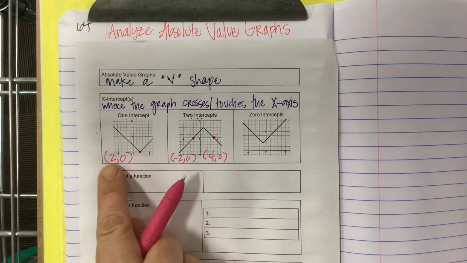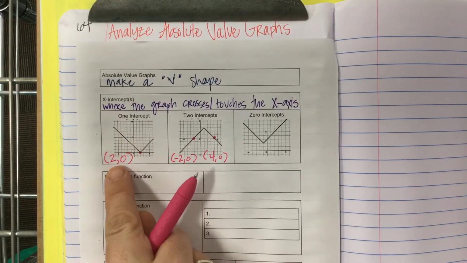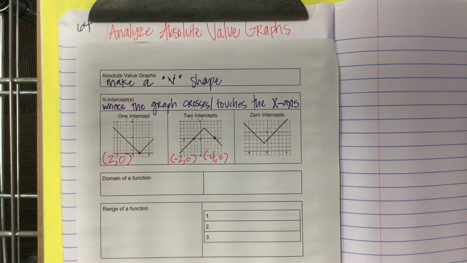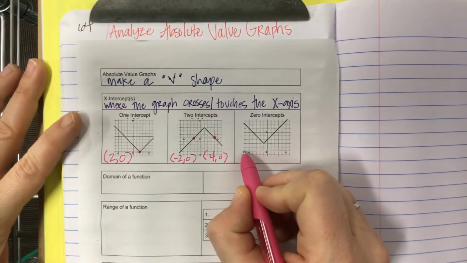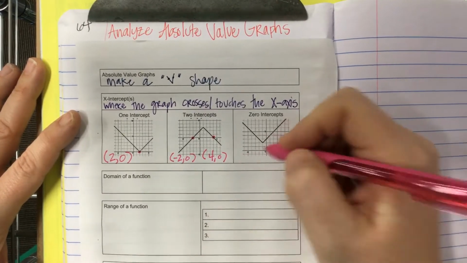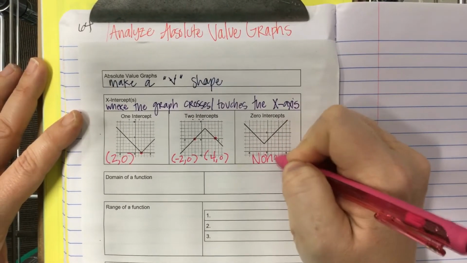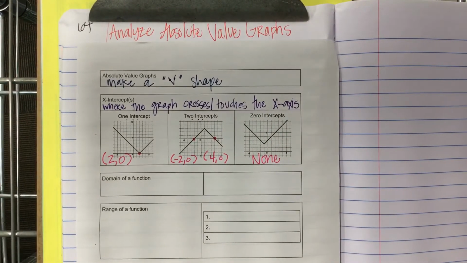When you substitute this into this equation, you get 0 as your answer. And then there are no intercepts. If you look here, there are no intercepts, so we would say none. So you can identify the intercepts, the x-intercepts.